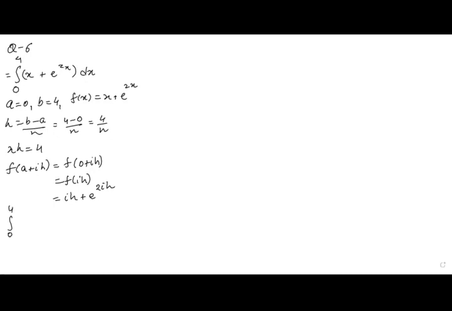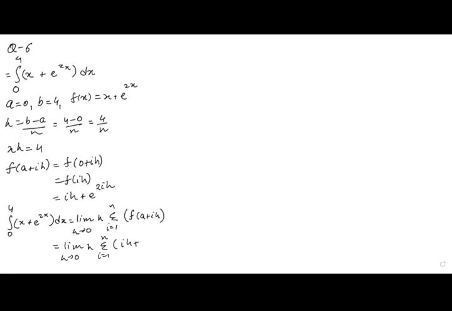Integration 0 to 4 x plus e raised to 2x dx can be written as limit h tends to 0 h sigma i 1 to n f of a plus ih, keeping the value of f of a plus ih as ih plus e raised to 2ih.